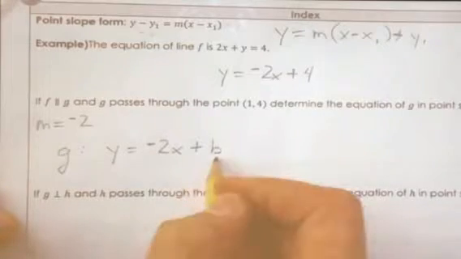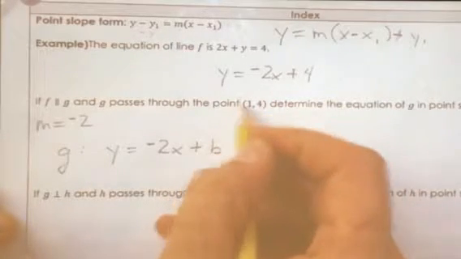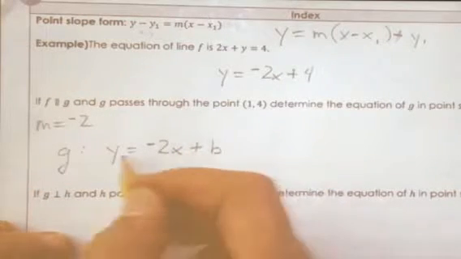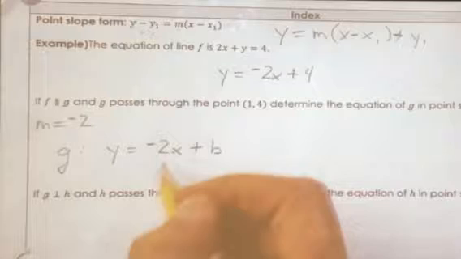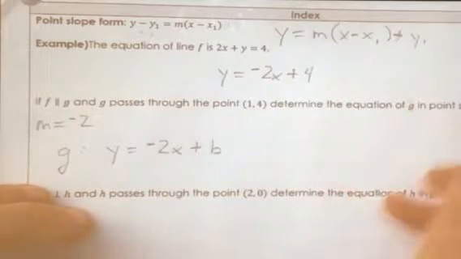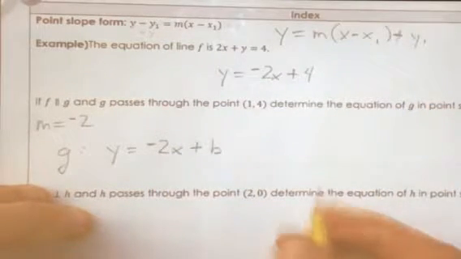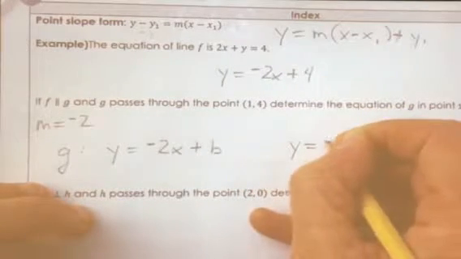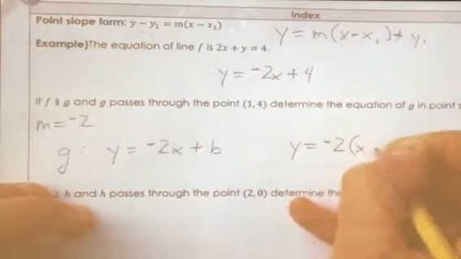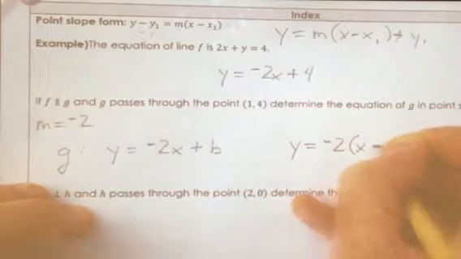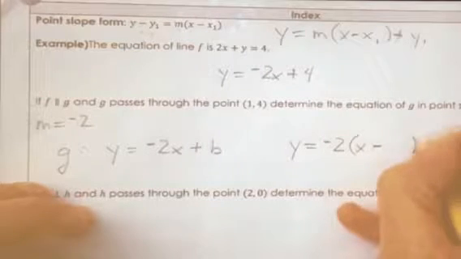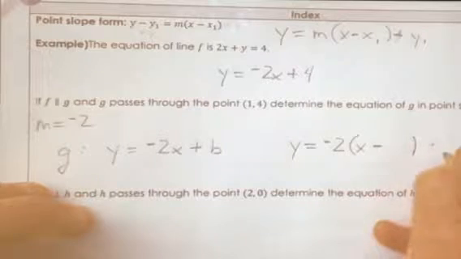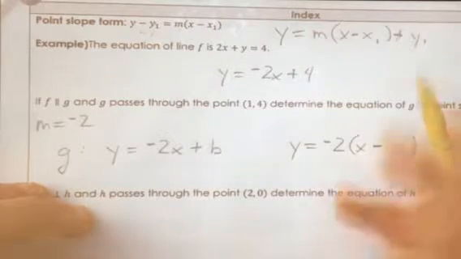We don't know the y-intercept yet, but we could substitute the coordinate 1, 4, 1 for x, 4 for y, and figure that out. But we're going to do something differently to get into point-slope form. It'll look something like this. Y equals slope of negative 2 times x minus, I'm going to leave this blank, and then this is either going to be plus or minus a number here for my y1.